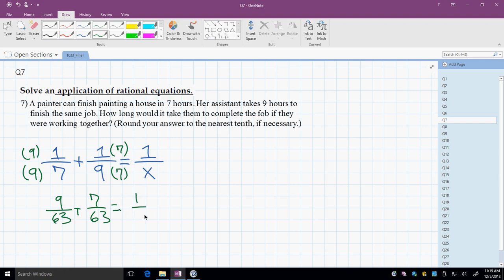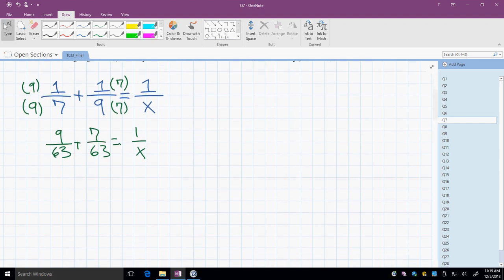That equals 1 over x. Now that I have the same denominator, I can add the fractions. So 9 plus 7 is going to give me 16. 16 over 63 equals 1 over x.